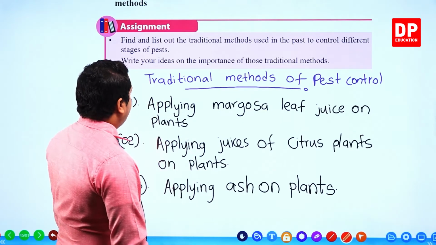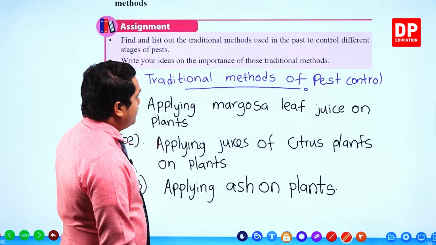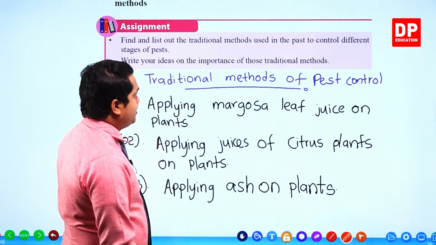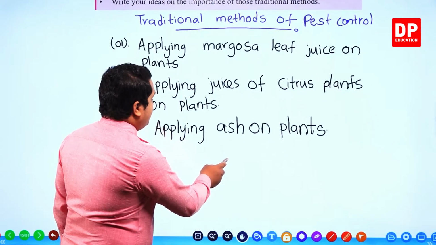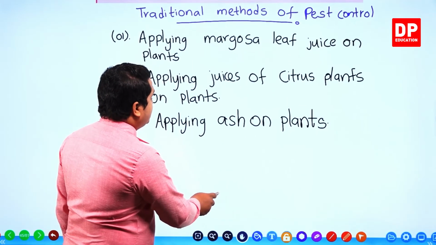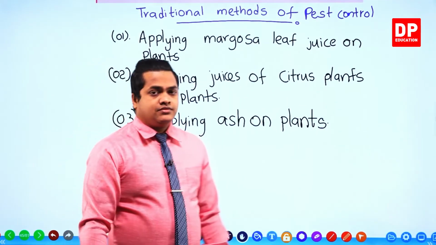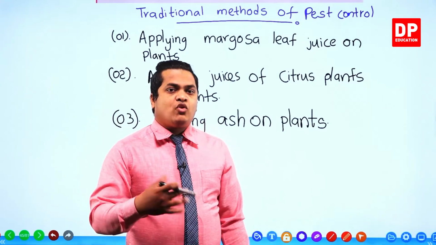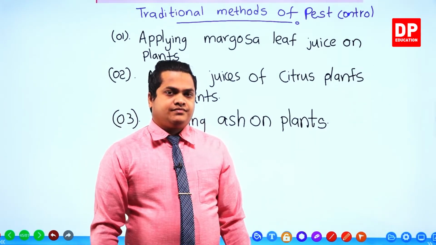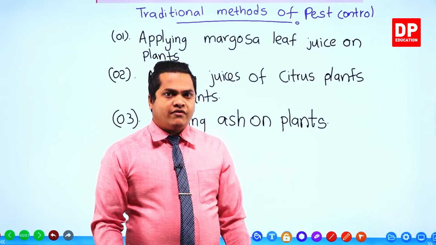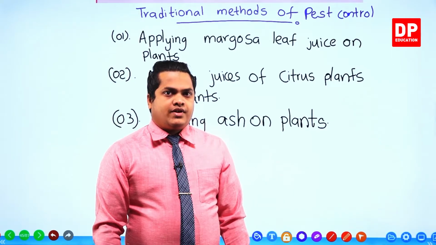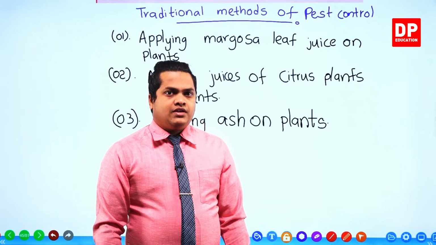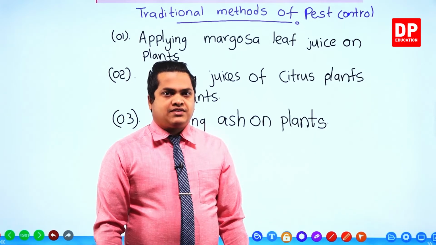Then the second one, write your ideas on the importance of those traditional methods. The first and foremost importance, my dear children, is eco-friendliness. It's environment friendly because we are not using chemical substances.